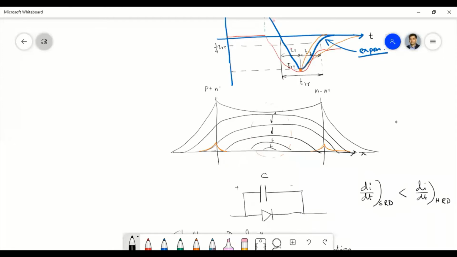So this is the initial one when the diode was carrying the current. Now, if we switch off the device, then the minority carrier distribution changes like this.